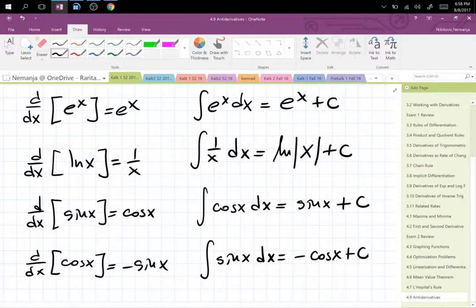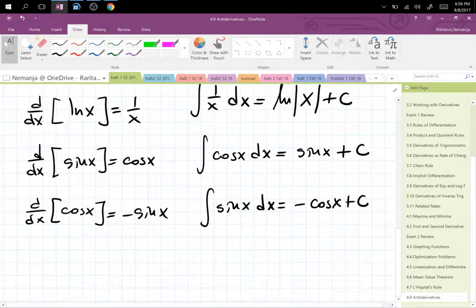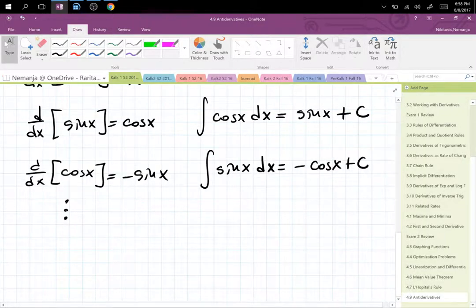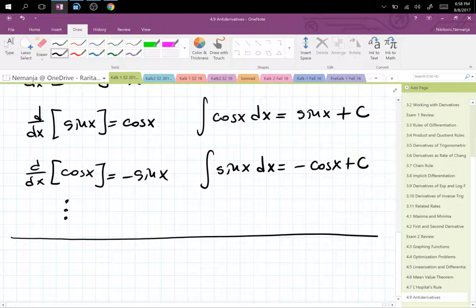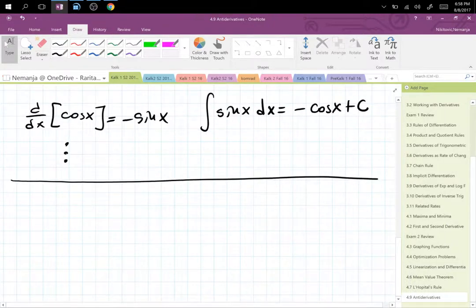I have one for exponential. I'm going to put 3 dots here because you are supposed to know the derivative chart, and then you just write out the integral part. All right, so let's go and do 5,000 examples of this. Oh, properties. Hold on.